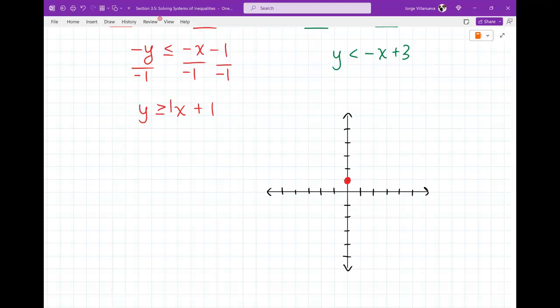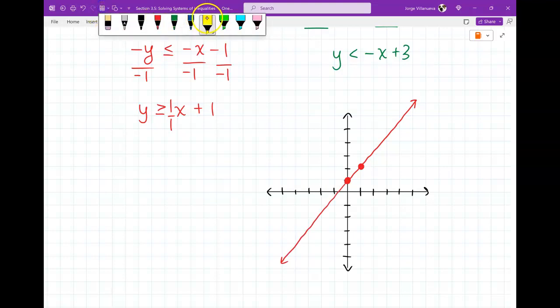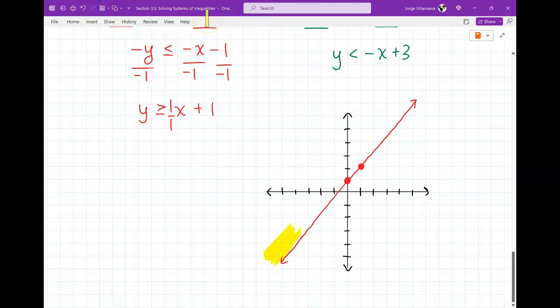It's right here. We just don't see it, right? But it is 1/1. So I'm going to go 1 up, 1 over. Is the line solid or is it dashed? This one is a solid line, okay? Above or below? It says greater than or equal to. This is above. So let's go ahead and color this in above.